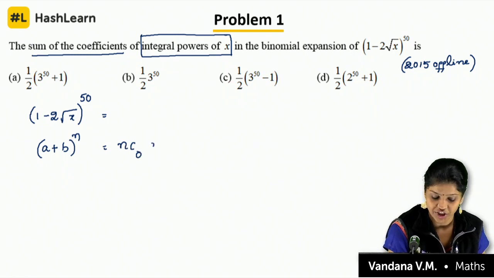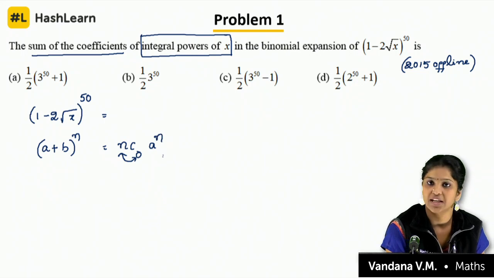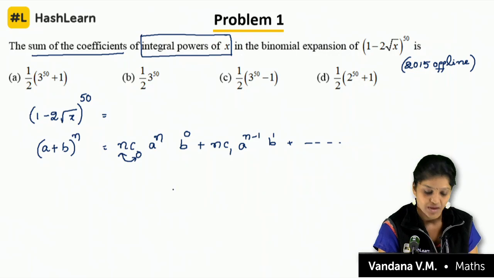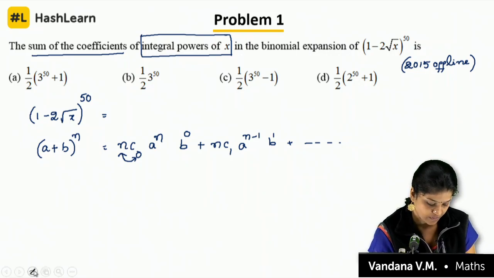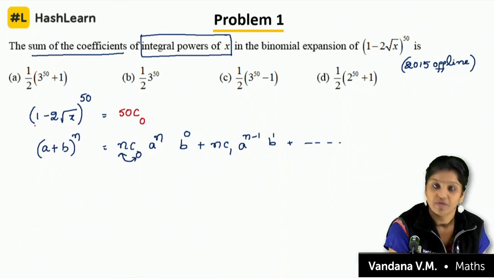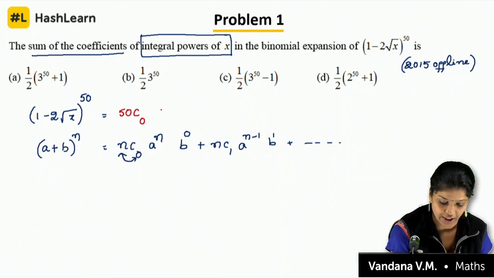NC0, the first term, the subtraction of these two, n minus 0 is n, b power 0. NC1, a power n minus 1, b power 1, like this. Now you just expand this binomial coefficient. See children, 50C0. What is the first term over here? That is 1 power 50.